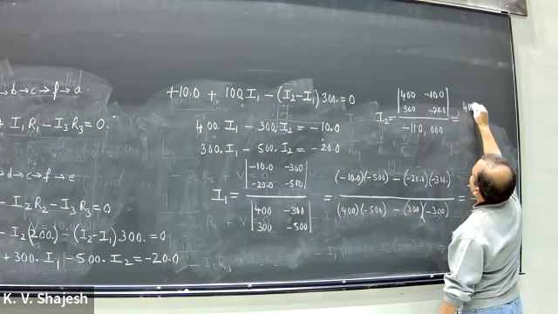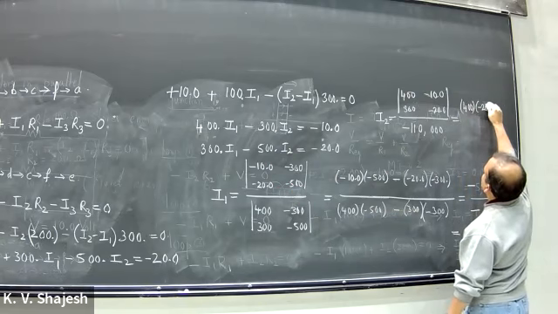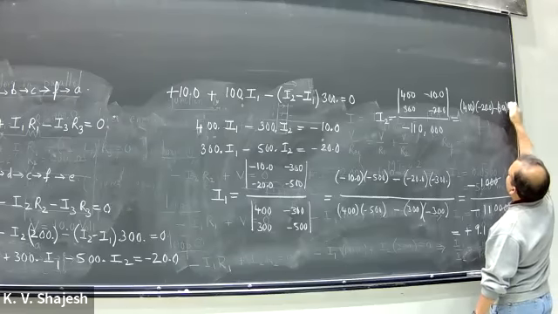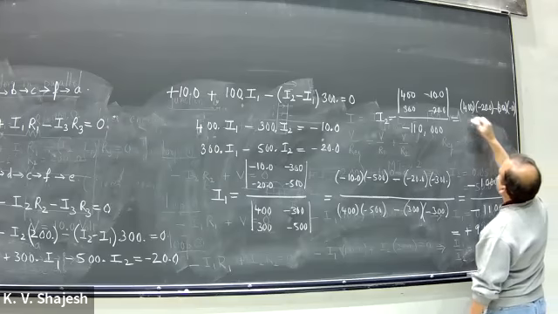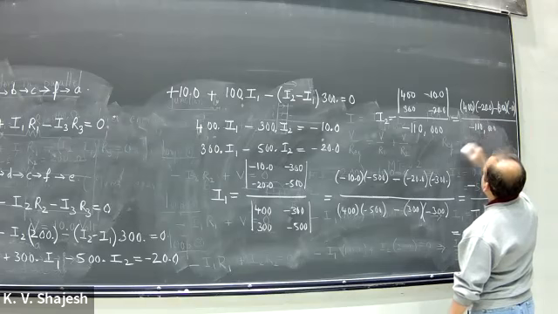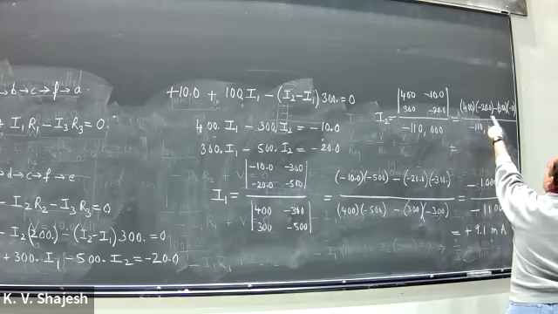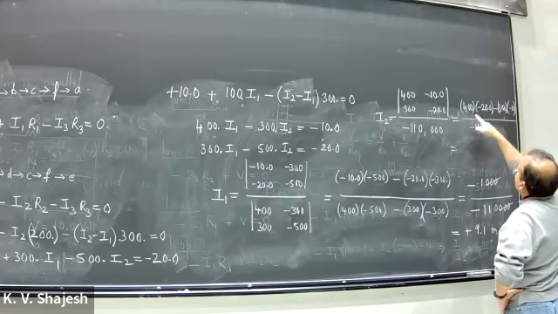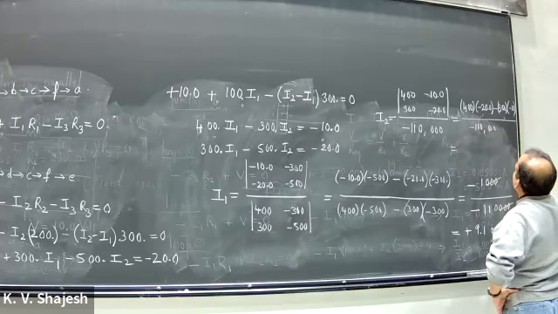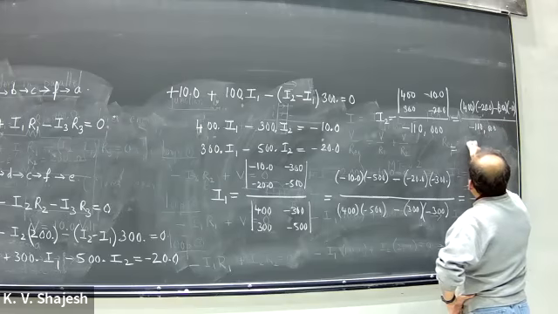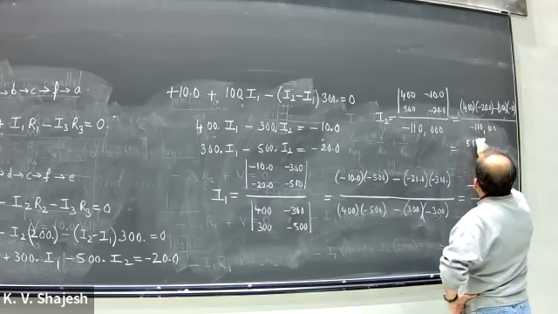Let me write that again. 400 times minus 20.0 minus of 300 times minus 10. Okay. That's minus 110,000, and that is a negative number. That's a positive number. 5,000 divided by 110.